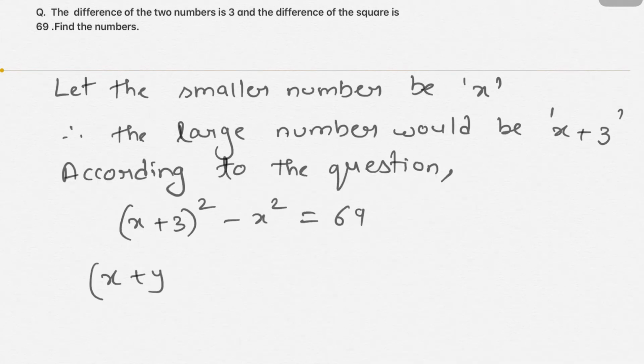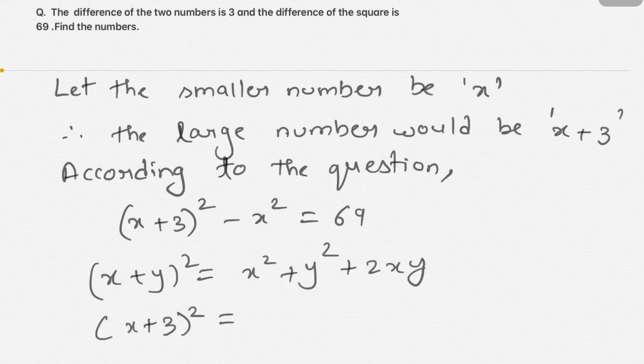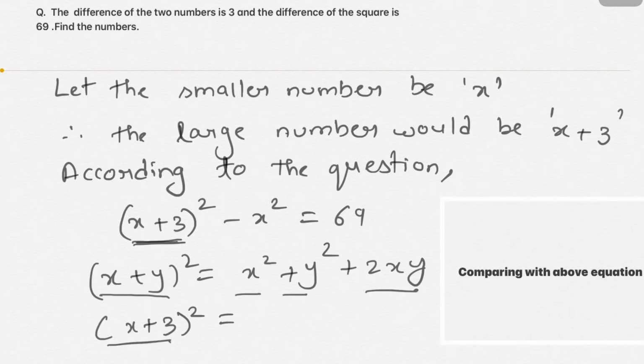There is a formula for such kinds of algebraic expressions. For that we have (x plus y) the whole square is equal to x square plus y square plus 2xy. Now the same formula we can apply in this expression, that is for (x plus 3) the whole square. Comparing with the above, in the place of x we have x, in the place of y we have 3.